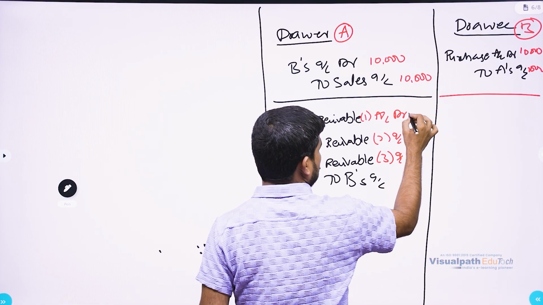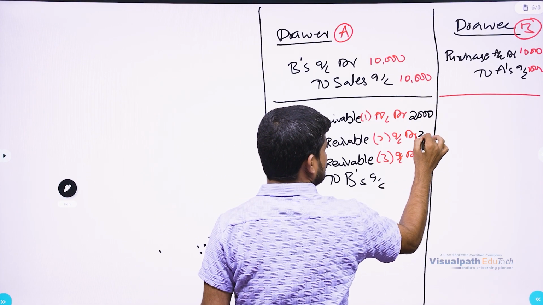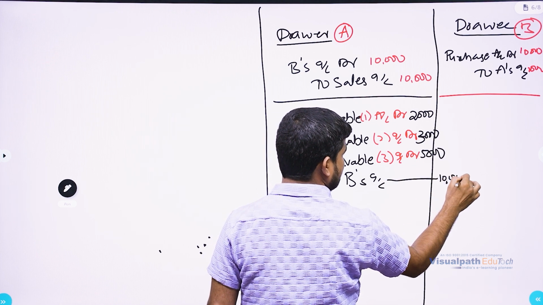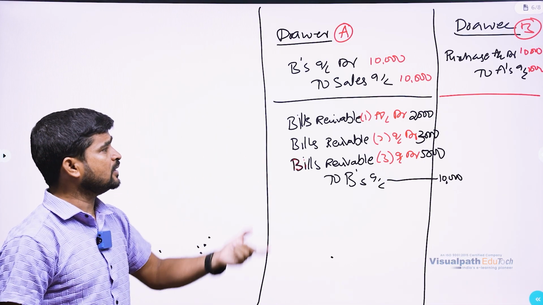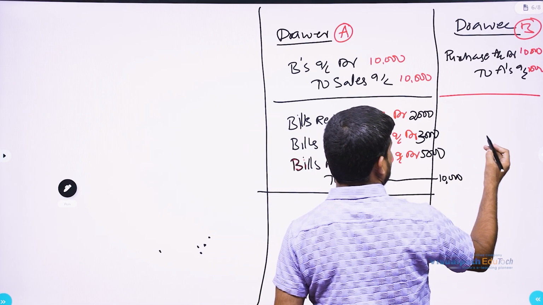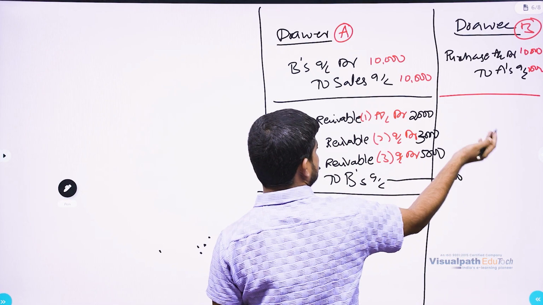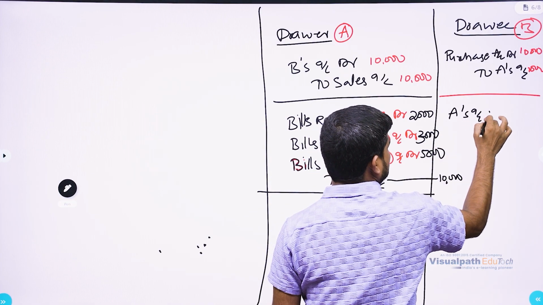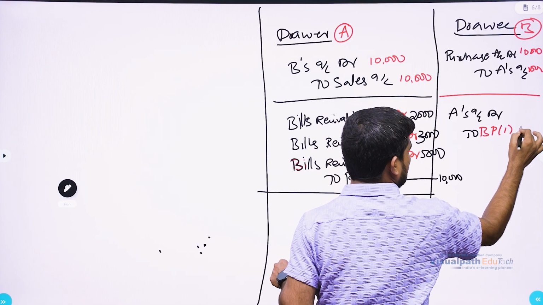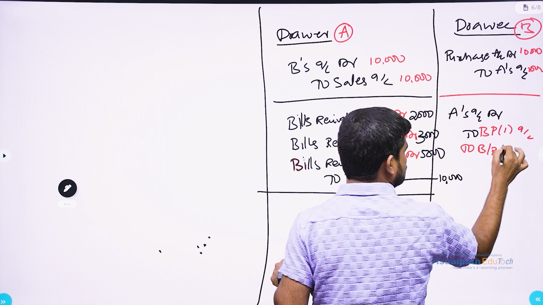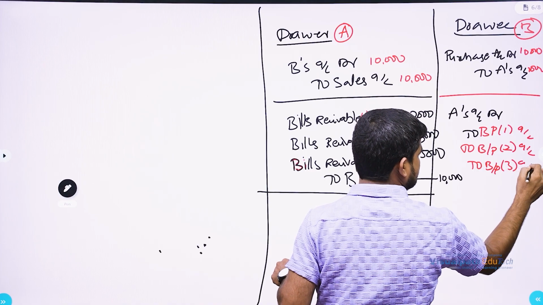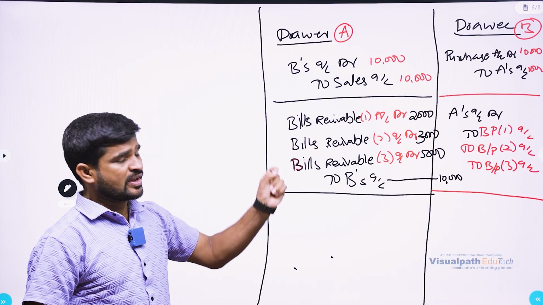The amount is 2,000 for bill 1, 3,000 for bill 2 and 5,000 for bill 3, and total 10,000 of bills receivable received from the drawee. What will be the entry for the acceptance in the books of the drawee? Simply, A's account will be debited, to bills payable account 1, bills payable account 2 and bills payable account 3, and he will write being three bills are accepted.